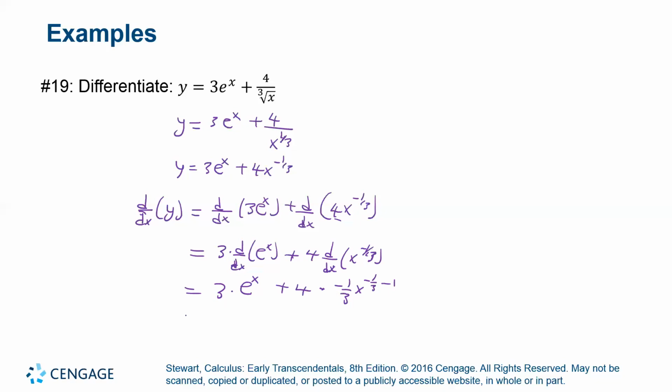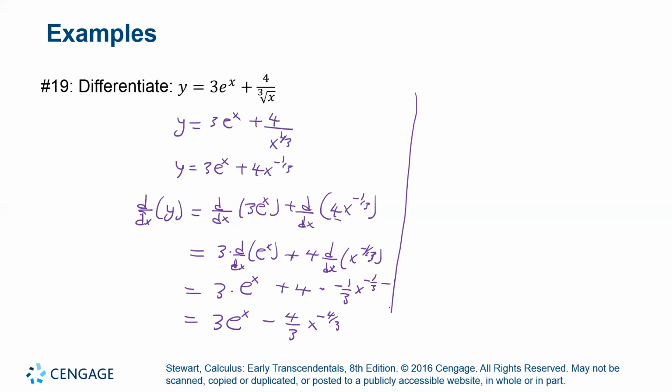So this will be 3e to the x, and 4 times negative 1/3 will be minus 4 over 3, and then x raised to negative 1/3 minus 1 will be negative 4/3.